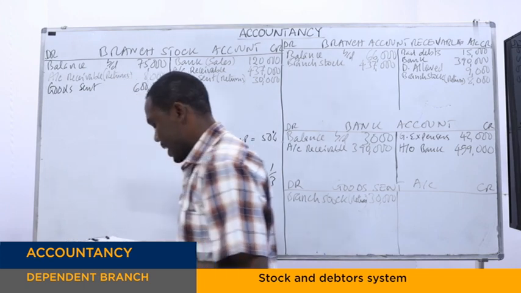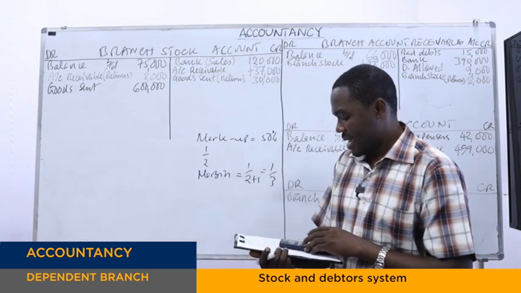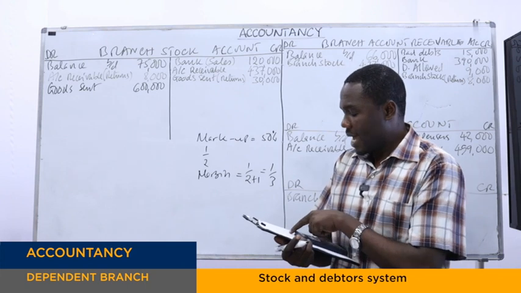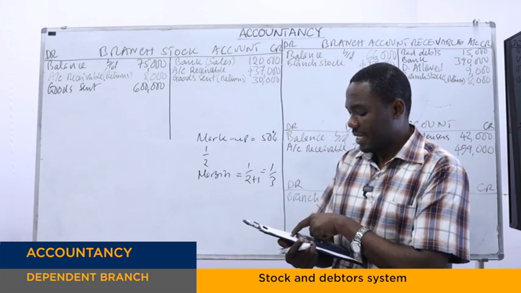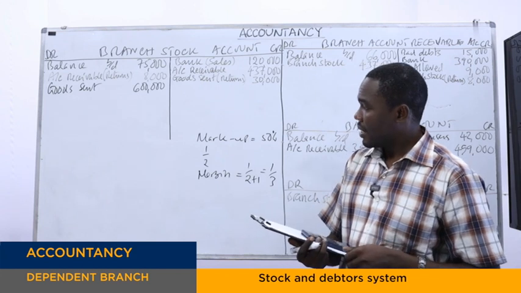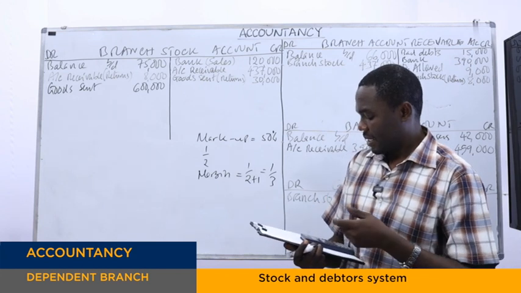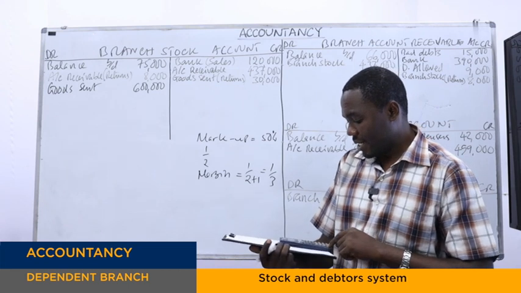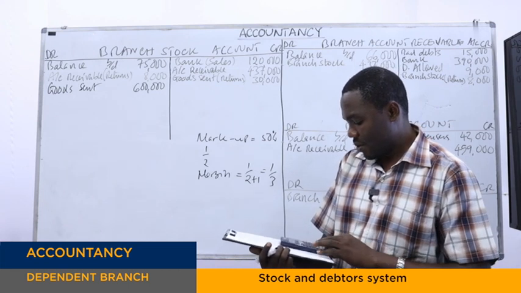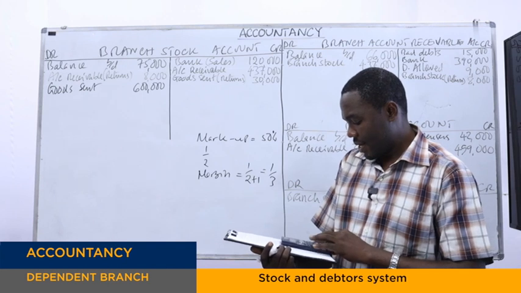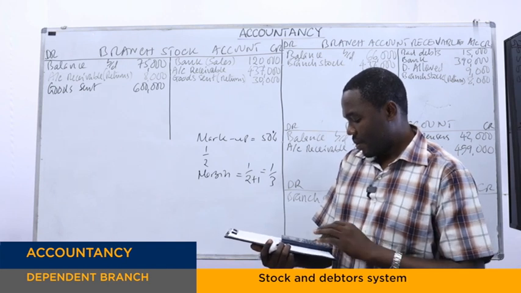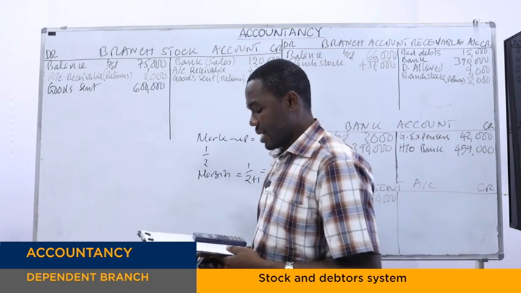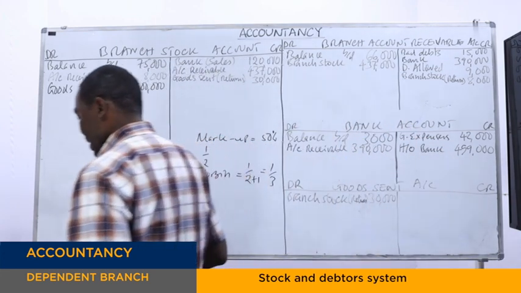That will be our margin. If goods sent to the branch were 600, and this is at selling price, we need to use the margin to compute our profit loading. So 600,000 times 1 over 3, we get 200,000. That was the profit loading. It should be adjusted.